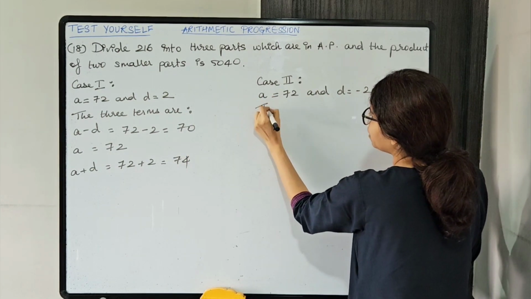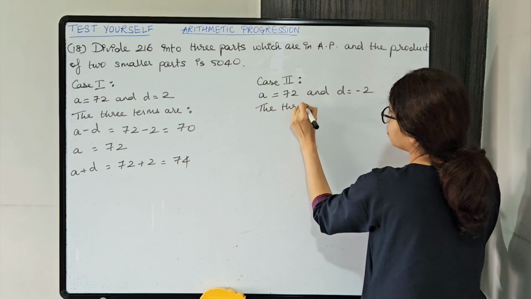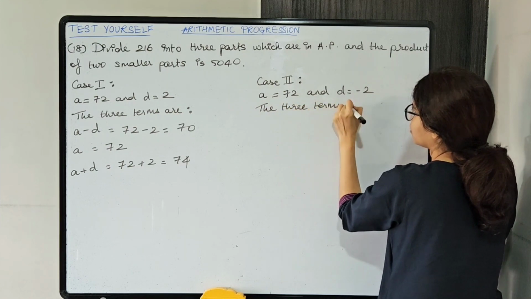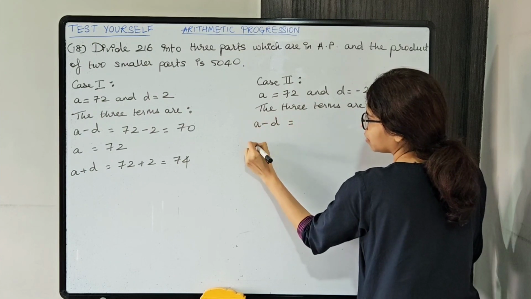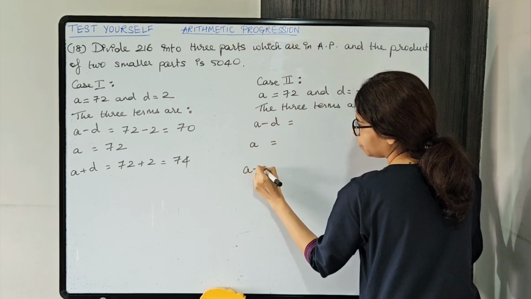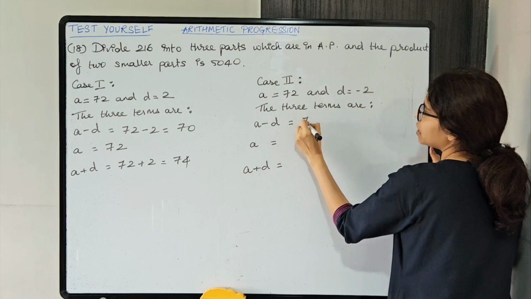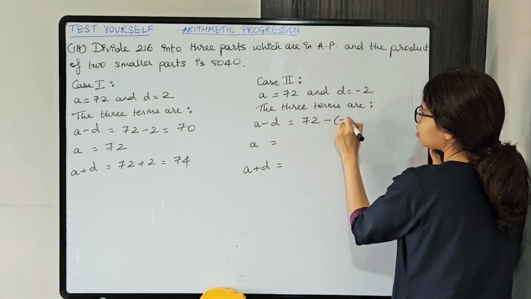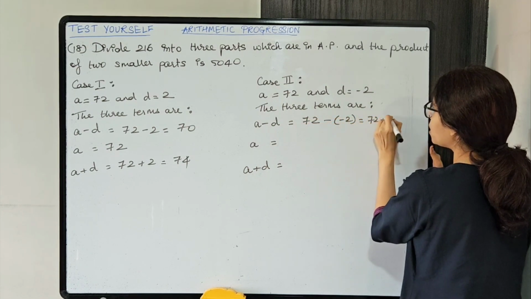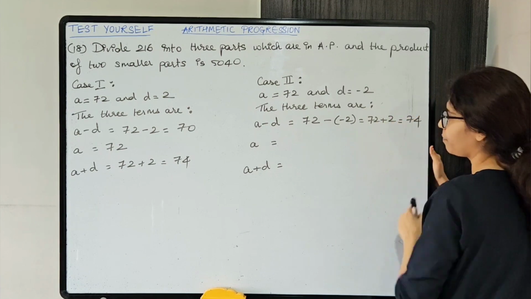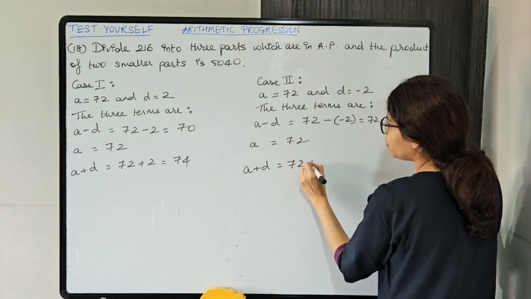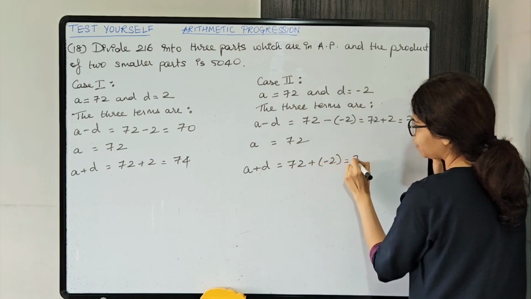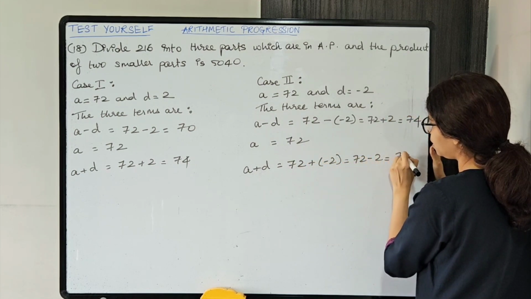So the three terms are a minus d, a and a plus d. 72 minus -2, that will give 72 plus 2, which is 74. a is 72 and 72 plus -2, that gives 72 minus 2, which is 70.